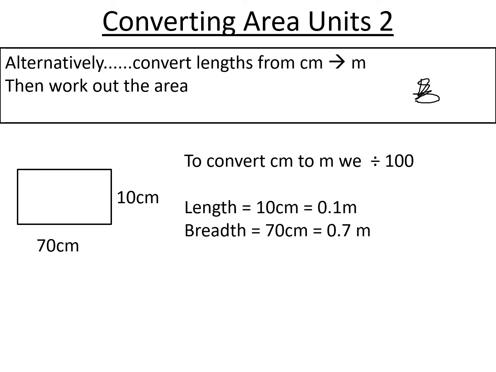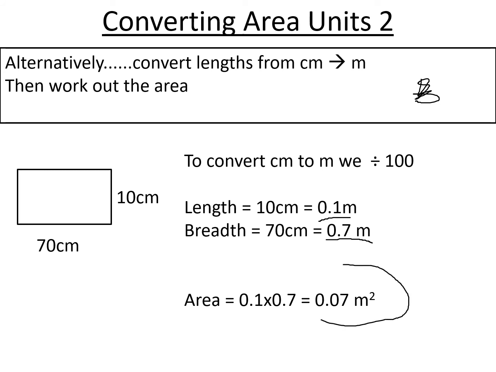Let me show you. We have the length, which is 10 centimeters. So divide by 100 gives us 0.1 meters. We have breadth as 70 centimeters, so divide by 100, we have 0.7 meters. And because they're already in meters, we can just use these answers to give us the area, which is the same as before, because it's the same shape.